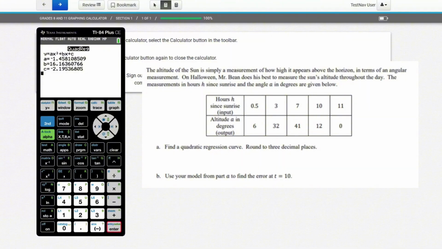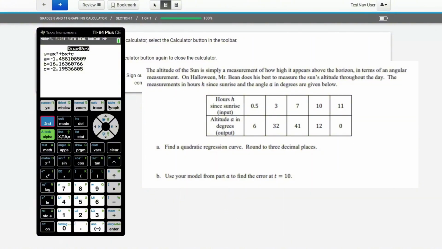All right, so let's use that to find the error at 10. Now, a gentle reminder that the error is found by doing the predicted minus the actual. I care about what happens at 10.